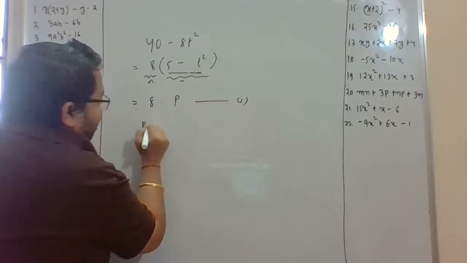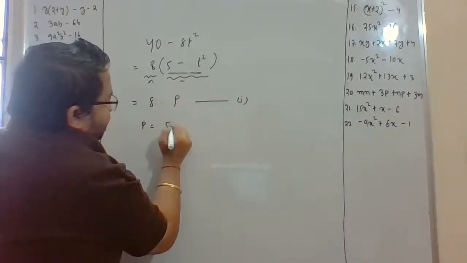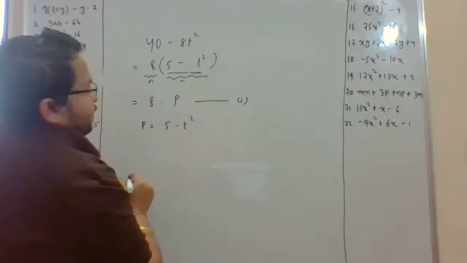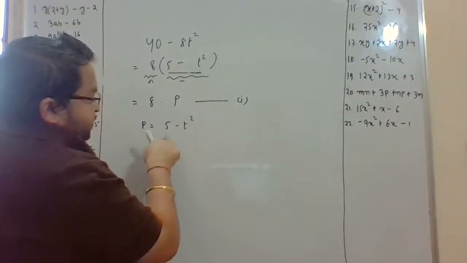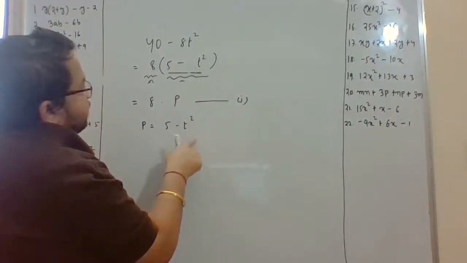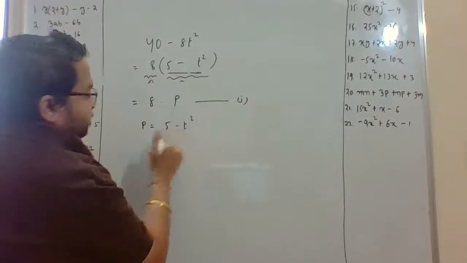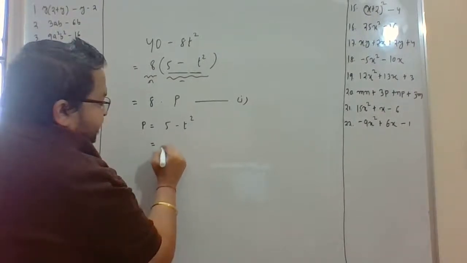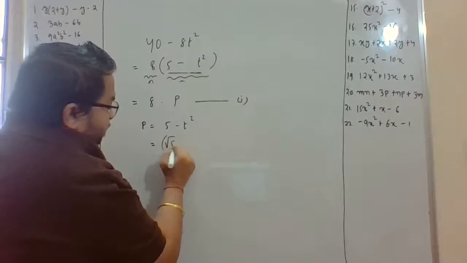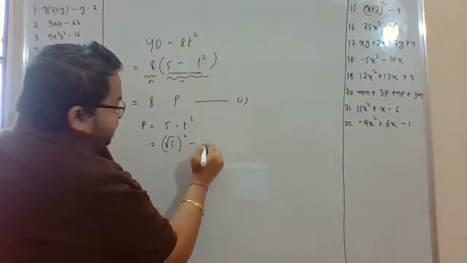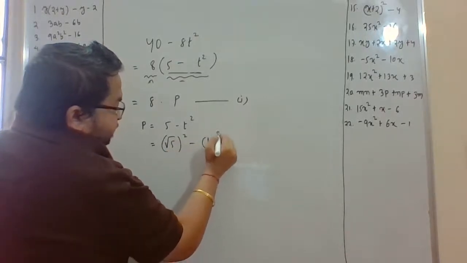Okay, so now I know p is nothing but my 5 minus t squared. So I want to factorize this. So if you see, this is nothing but, again, your difference of squares. So I can write it as root 5 squared minus t squared.